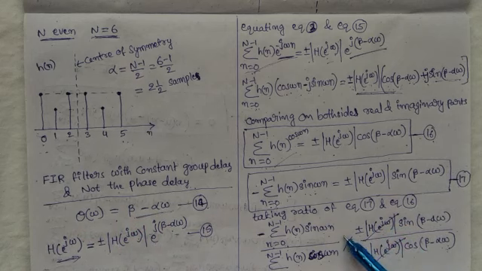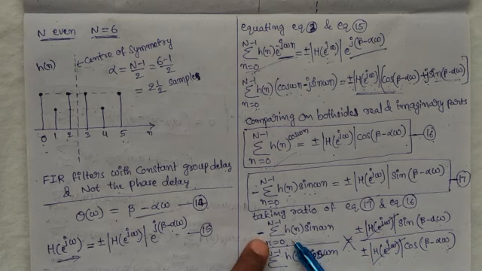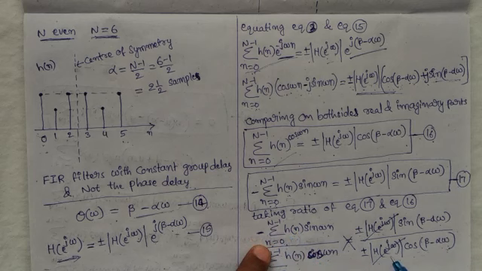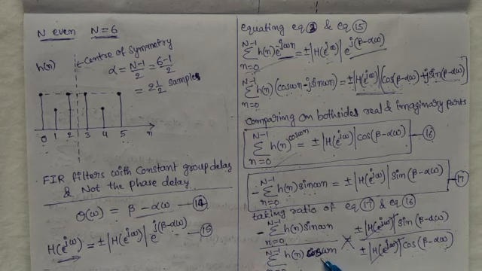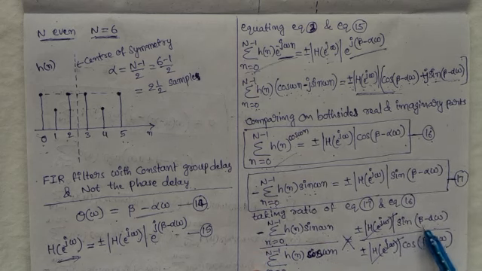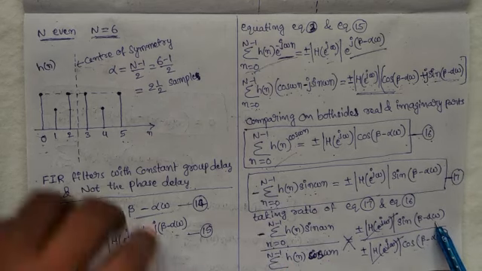Then we perform cross multiplication. This summation is multiplied with cos of beta minus alpha omega. That means minus summation n equals 0 to capital N minus 1 h of n sin omega n into cos of beta minus alpha omega is equal to summation n equals 0 to capital N minus 1 h of n into cos omega n into sin of beta minus alpha omega.